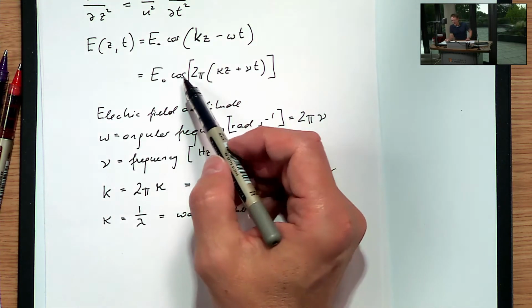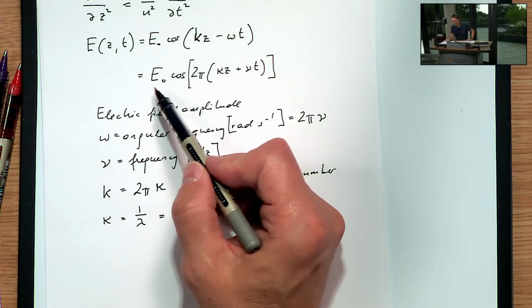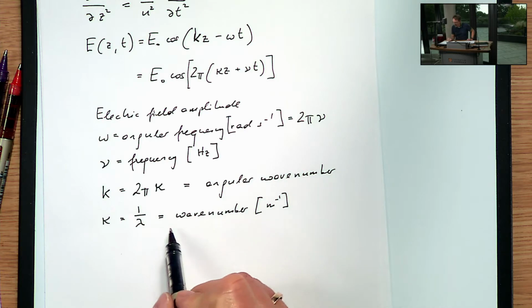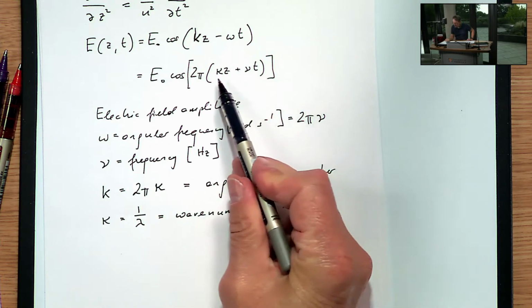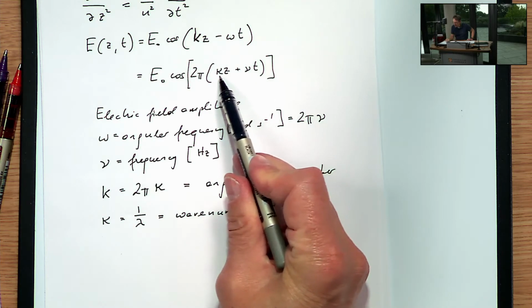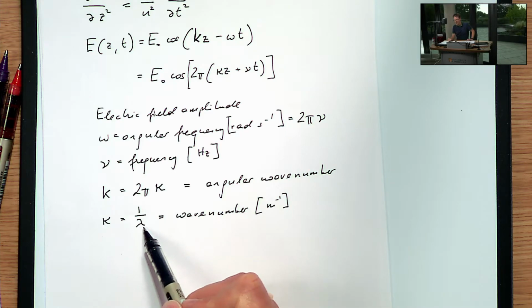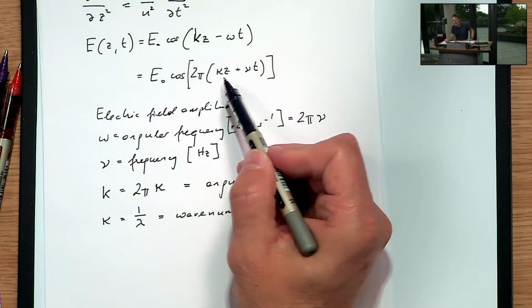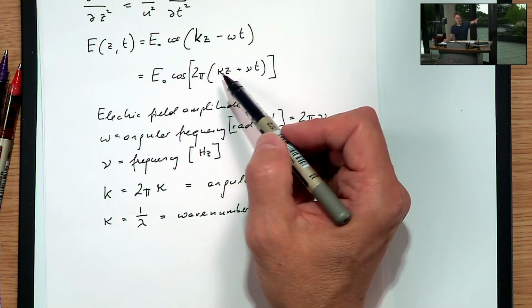So essentially you get a sinusoidal oscillation of the electric field amplitude, and it varies along z with a spatial frequency of k, so once per lambda. So if lambda is very small, then the amplitude will vary very quickly as a function of z, and if lambda is large, then it will vary more slowly as a function of z.